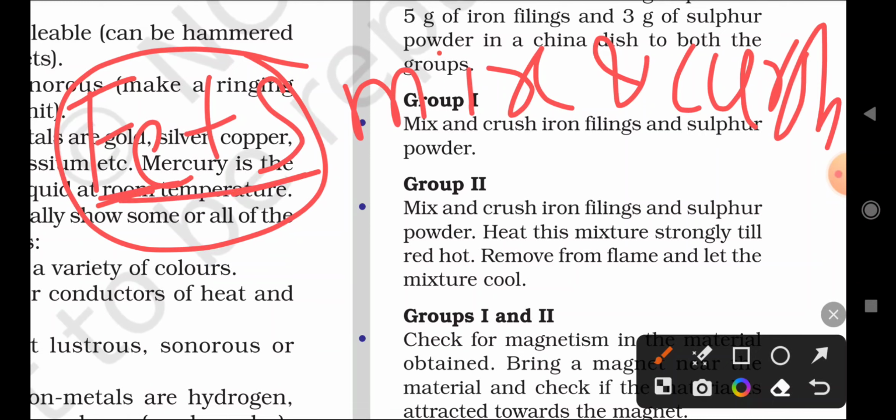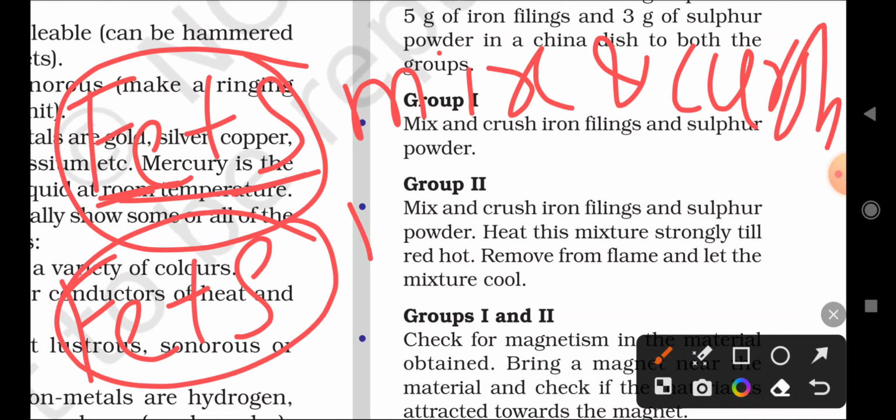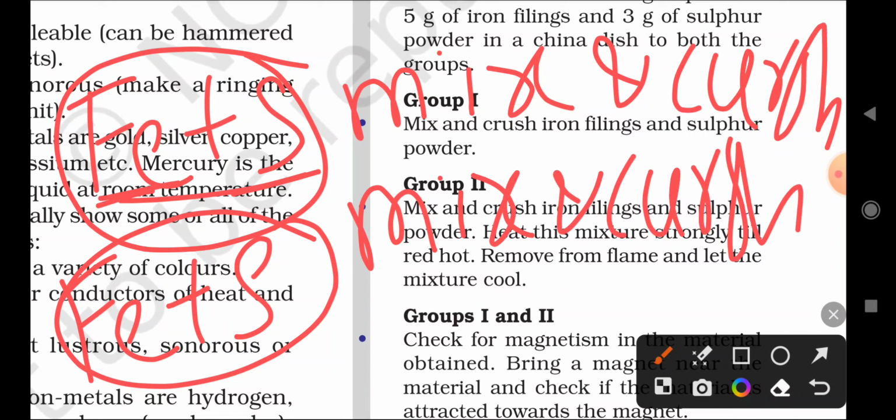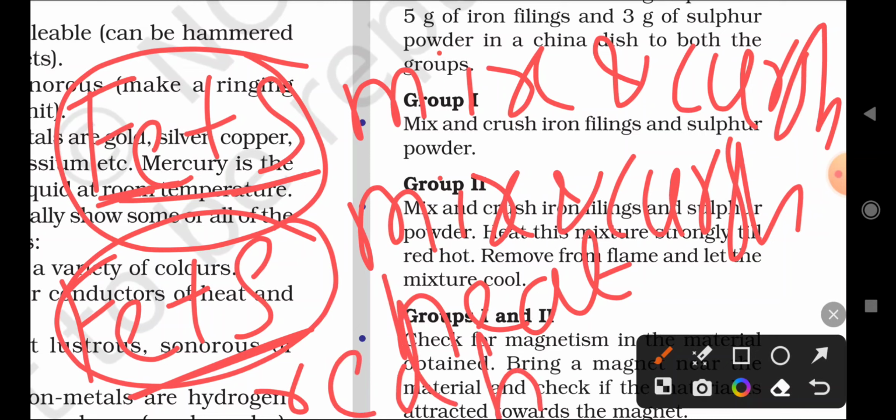The second group also takes the iron filings plus sulfur powder, makes a mix, and crushes it. Both processes are the same, but the second group does one more step: they heat this mixture, the iron plus sulfur, until it becomes red hot.